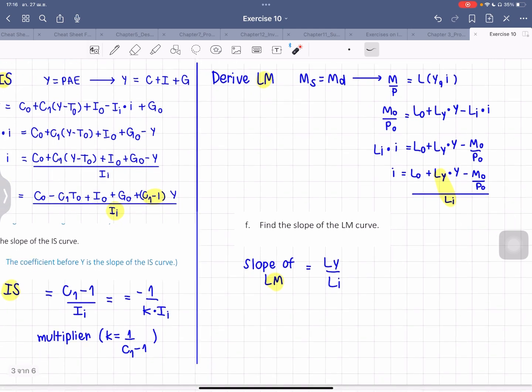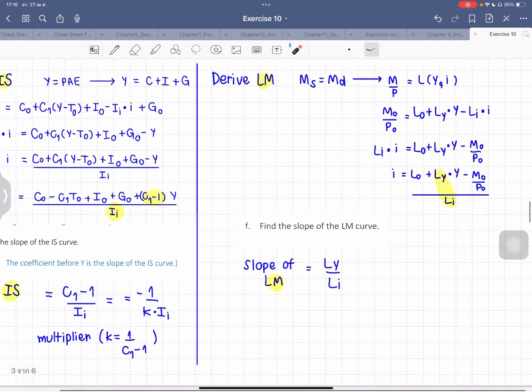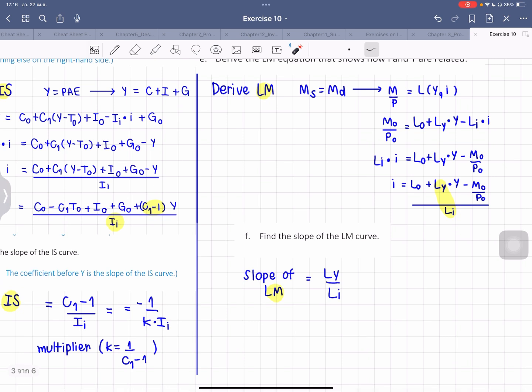And then find the slope of the LM curve. So the slope of the LM curve is L subscript y divided by L subscript small i. So you can get this slope of the LM curve.